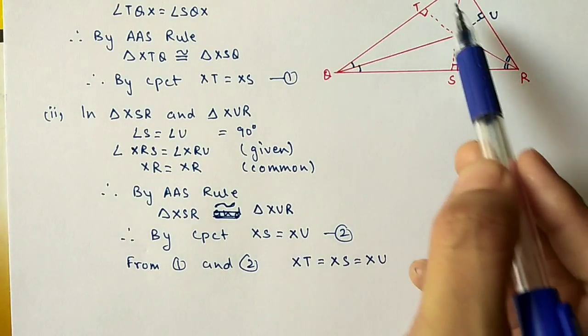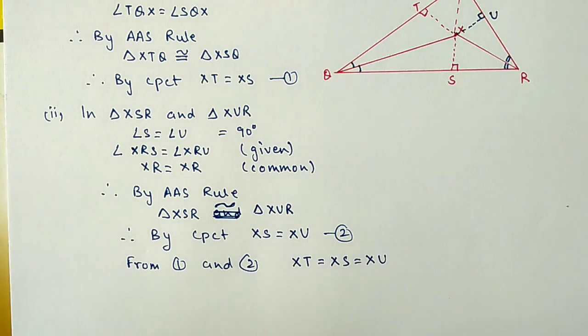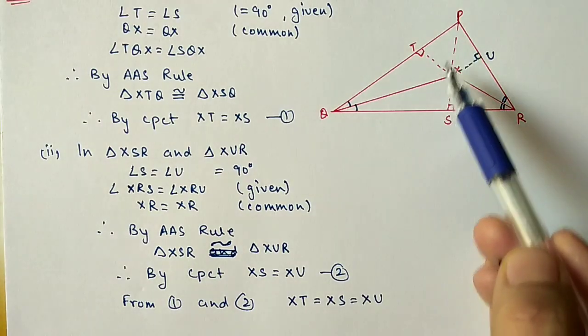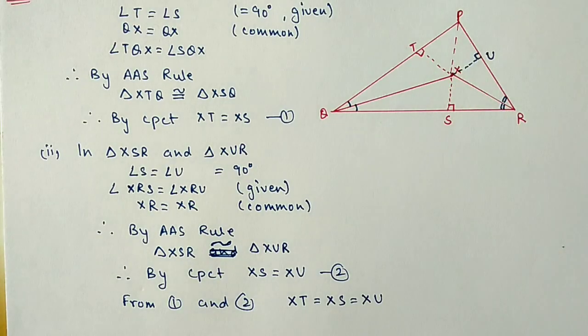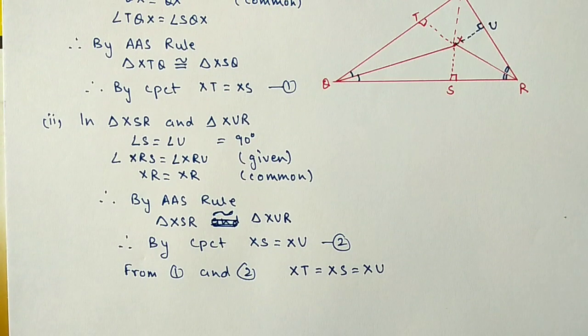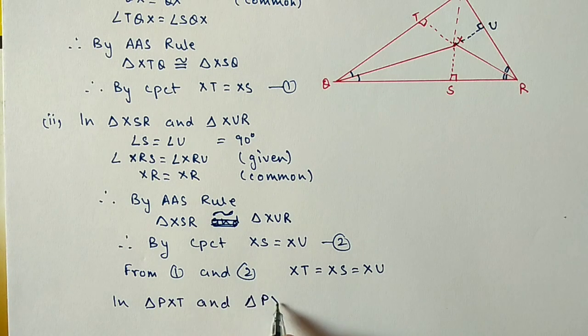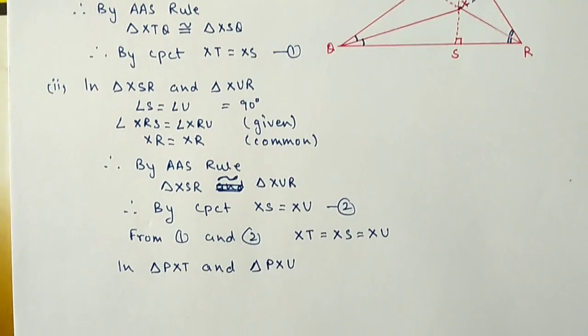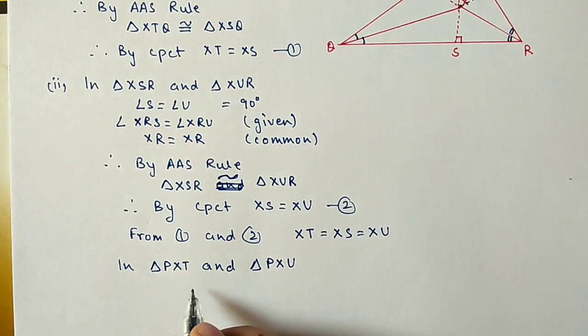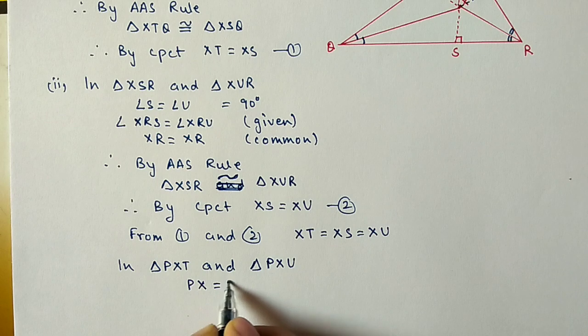Now we will go for these two triangles because we have to prove that PX is the bisector for this angle. So in triangle PXT and triangle PXU, we can take here PX is common for both the triangles.